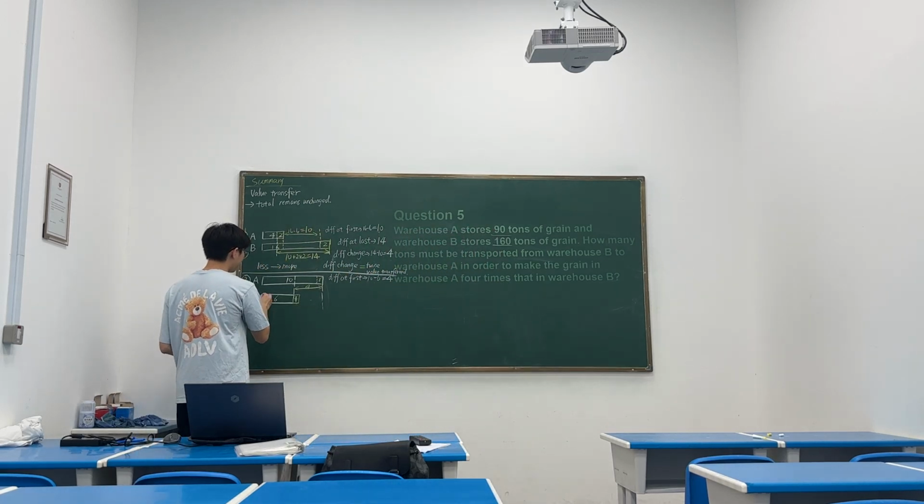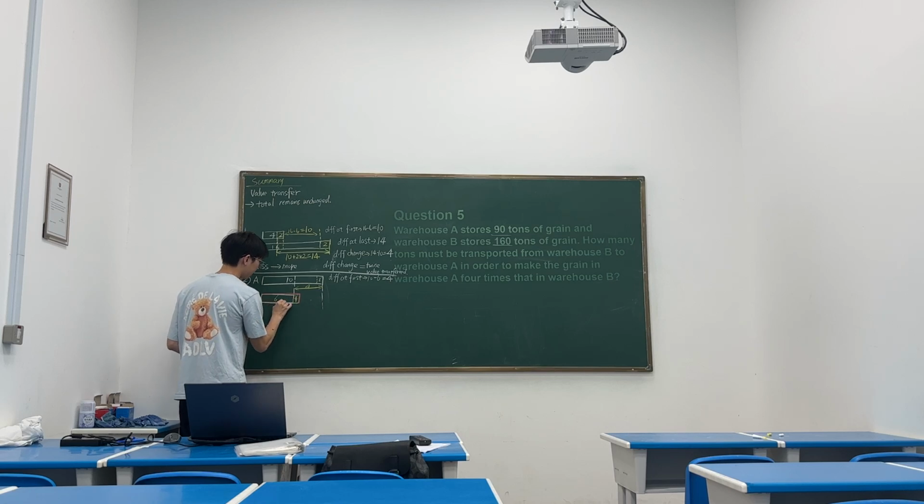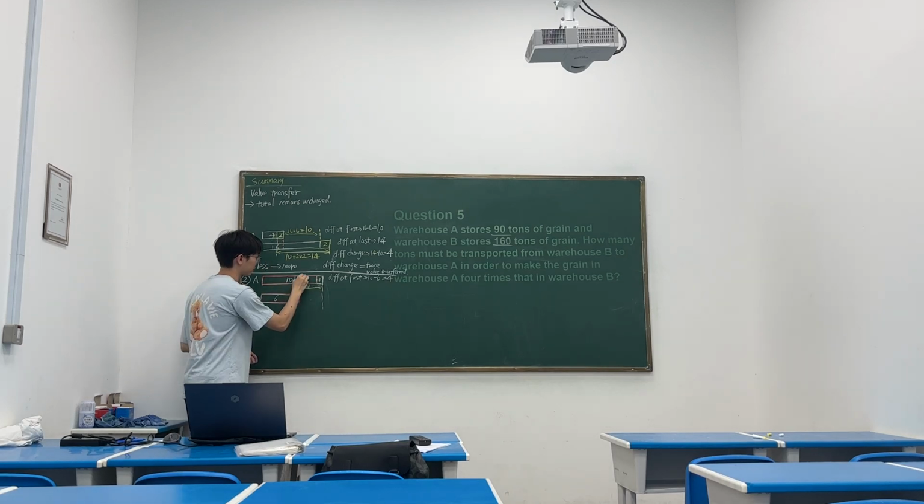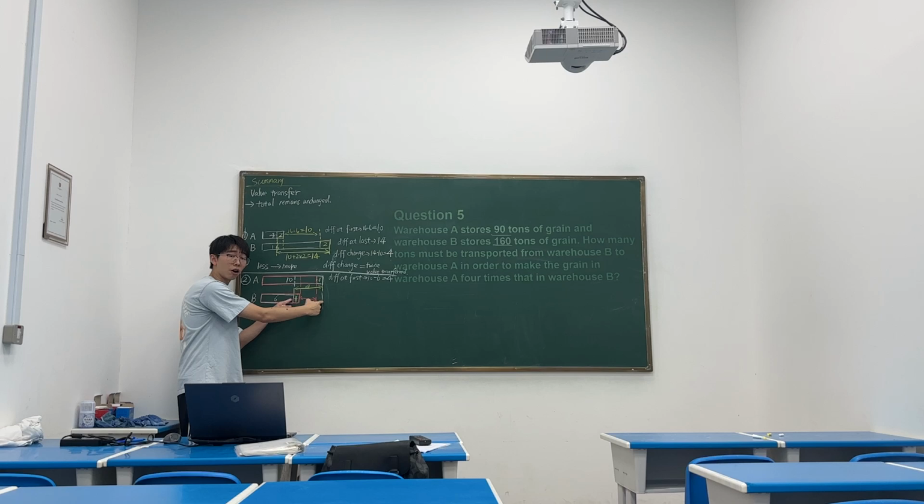Now, this is what we have. Let me highlight it with a red chalk. This is what A have. So what is the new difference over here? The new difference. You see, in total this is 4, right? Now, how will we find this value?